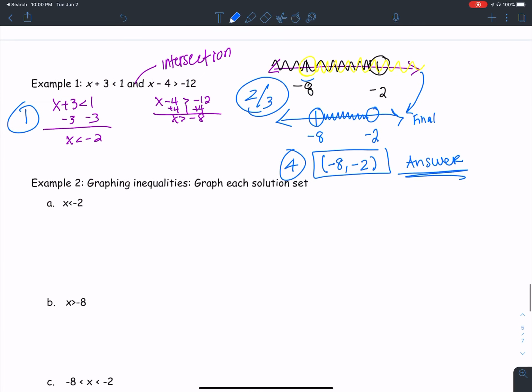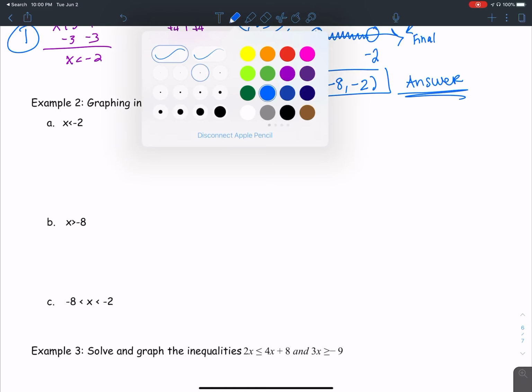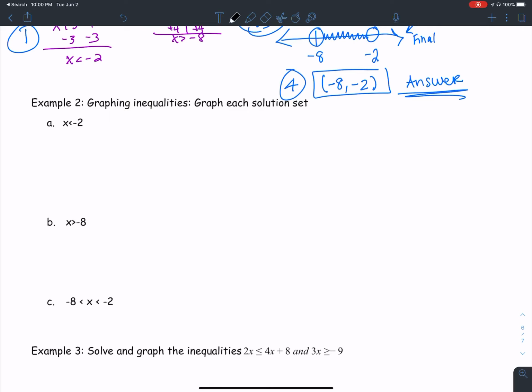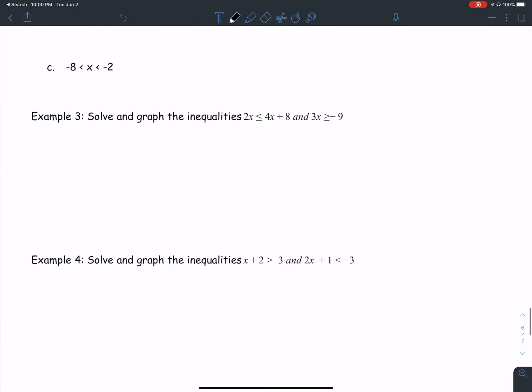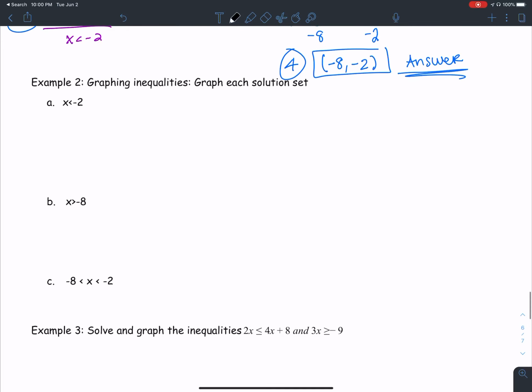So let's do some more. These are just graphing, so that we can practice graphing. Oh, we already did this. I meant to take this out.